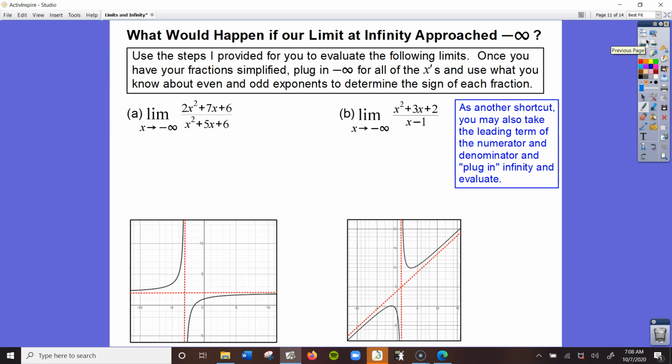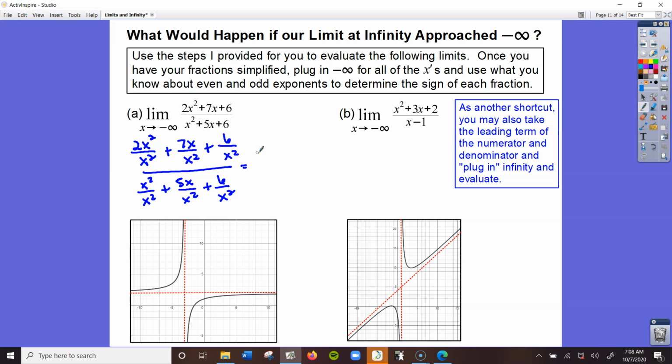So now what happens if I were to find the limit as x is approaching negative infinity? Most of the time it does not matter, but we're still going to do this the long way and see what happens. My highest degree is x squared, so if I divide everything by x squared, you get 2x squared over x squared plus 7x over x squared plus 6 over x squared, all over x squared plus 5x over x squared plus 6 over x squared.